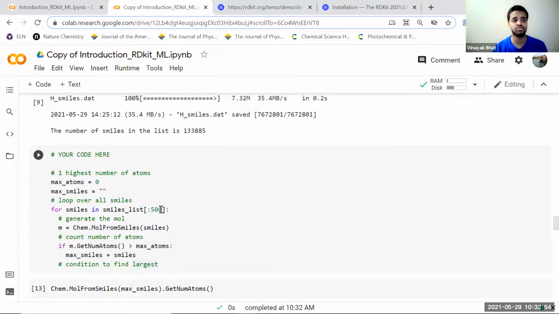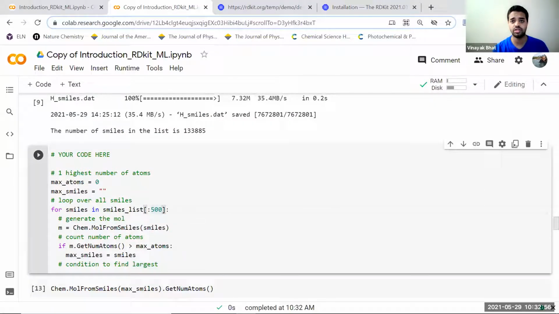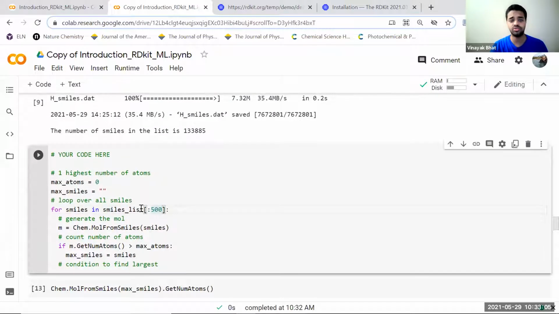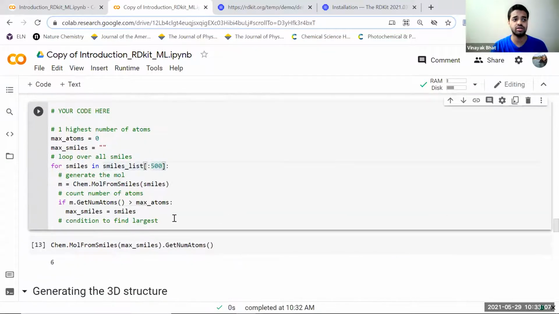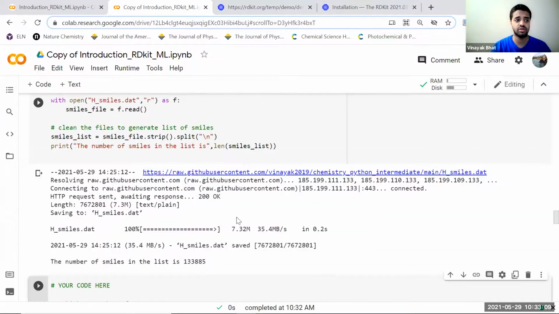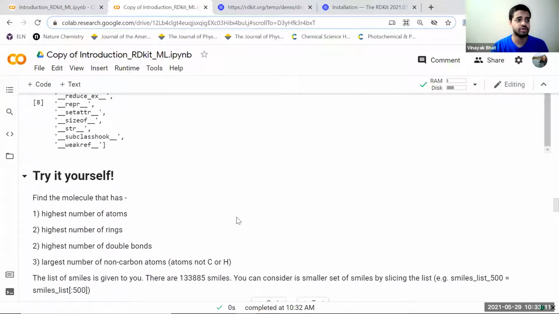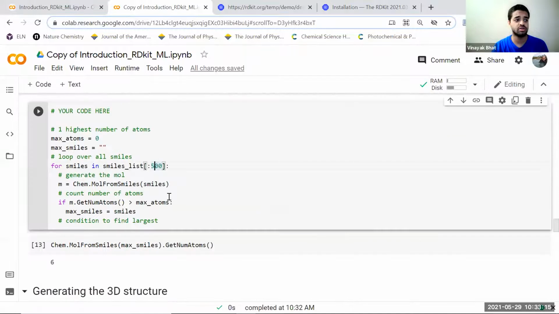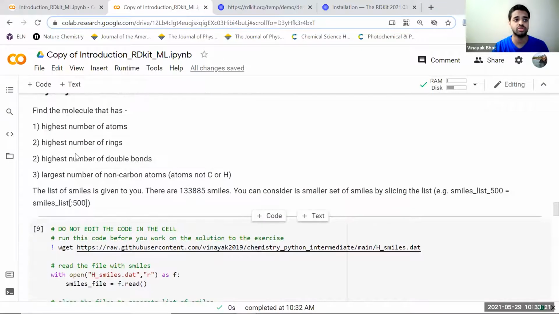You can use a larger set and see what you get. This is just an example, just for practice, when you can generate smiles and look at the functions that are available and do stuff. You can even find the number of rings in that. There are multiple options, just like get number of atoms. There are other options too, like get rings, number of double bonds, and other things.